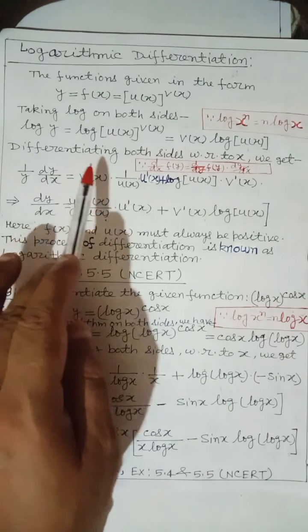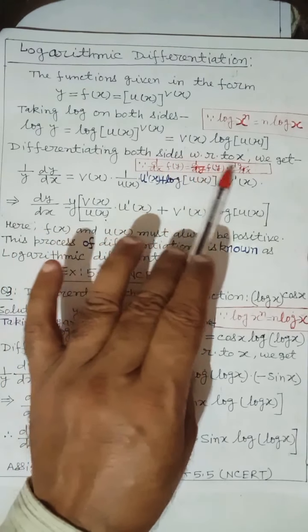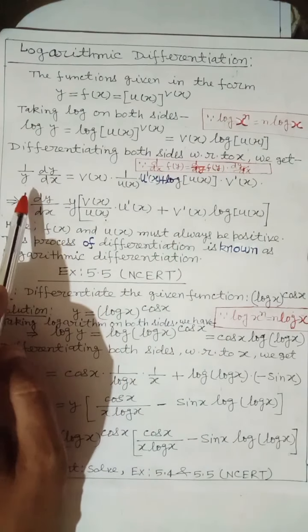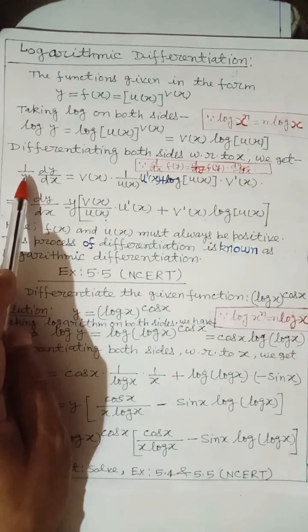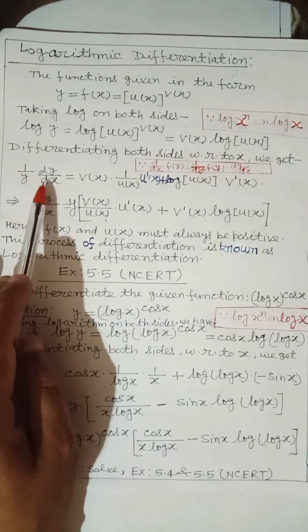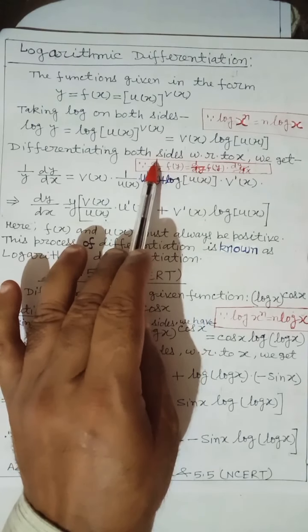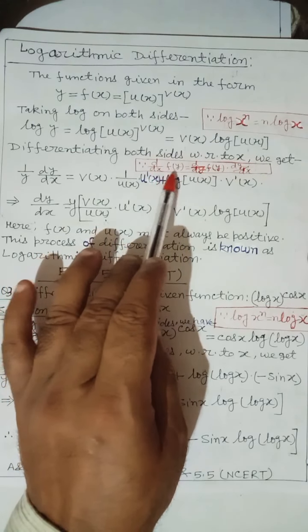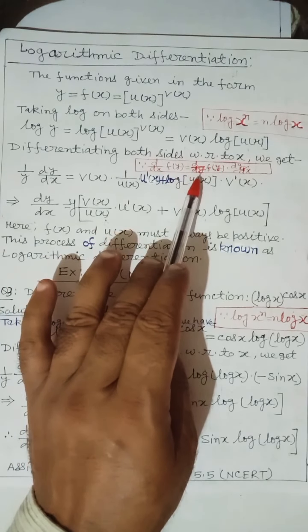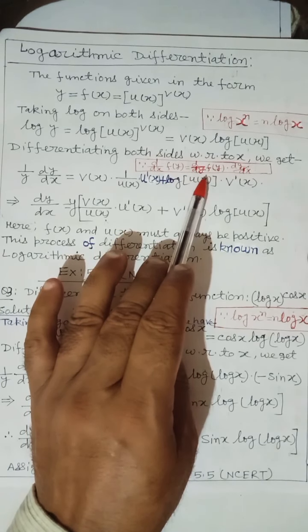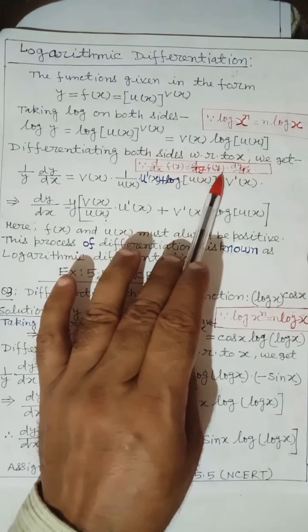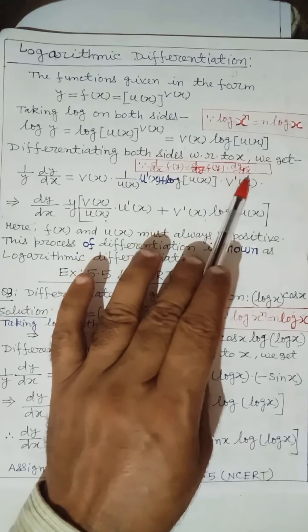Again differentiating both sides with respect to x, we get log y, that is 1 by y dy by dx. Dear students, here this concept we use, d by dx of f(y) is equal to d by dy of f(y) into dy by dx.